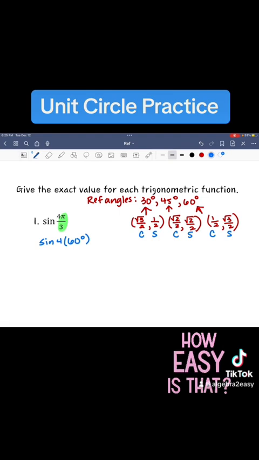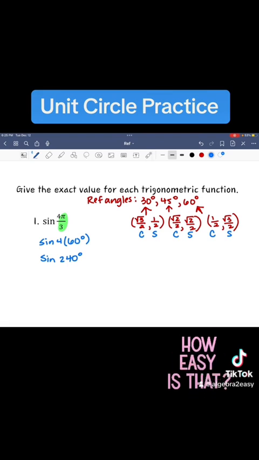Now, we do know that, truthfully, you're saying sine of 4 times 60, that's 240. However, their ordered pairs are going to be very similar besides one thing. So let's go ahead and write the ordered pair for 60 degrees. That is 1/2, radical 3 over 2.